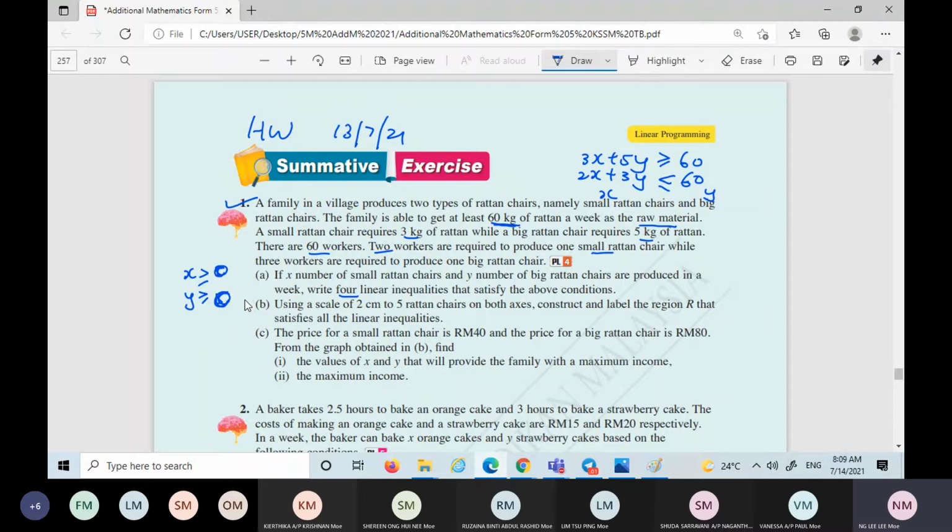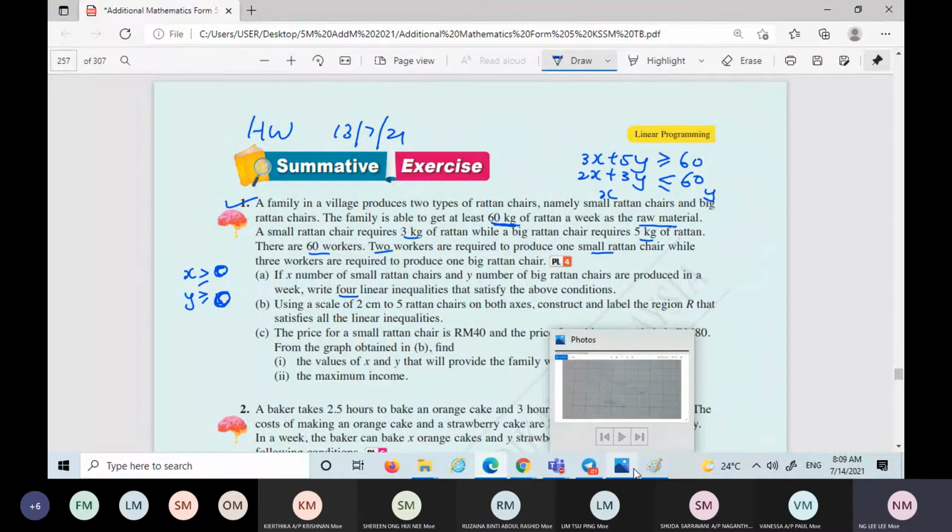You see, in a day or in a week, you can only produce the big chair and not the small one. It can be also. So this one actually should be 0. Anyone not agree with me? Agree with me? You've got to decide now.